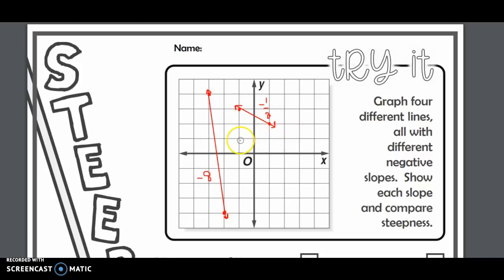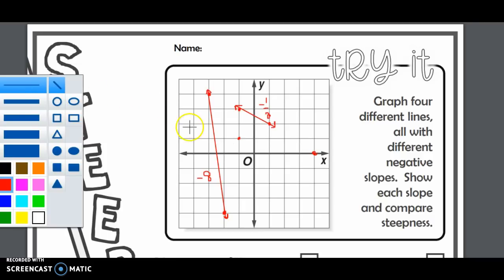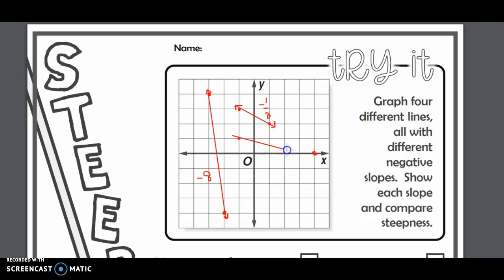Or I could also have a slope that looks like this. 1, 2, 3, 4, 5. And let's put a straight line through there. That's almost flat, right? So in this slope, I'd probably be traveling at a very slow pace.